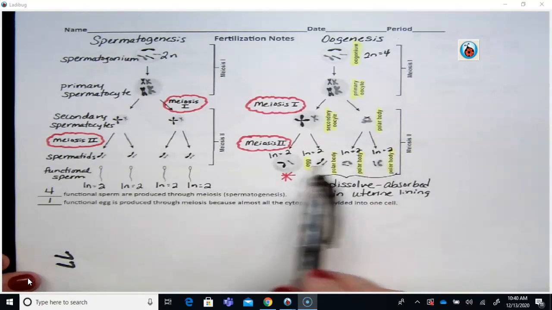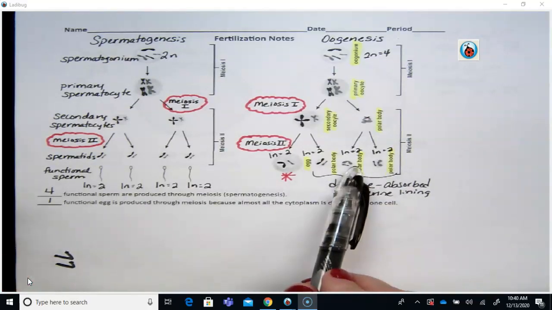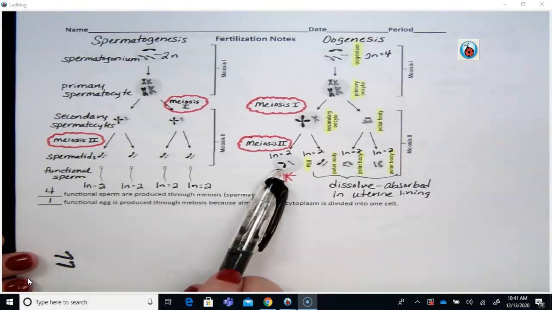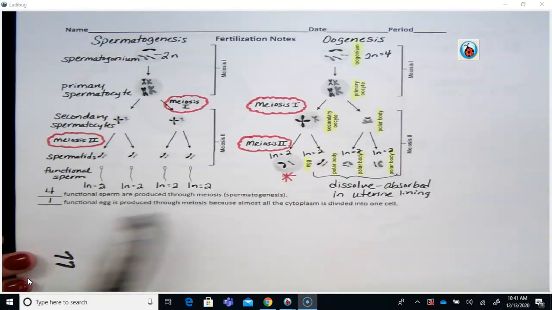So it would be wasteful to spend the energy to try to keep these cells living. So only 1 functional egg is produced per month. So again, down here, 4 functional sperm are produced through meiosis. Again, that's spermatogenesis. And 1 functional egg is produced through meiosis because almost all the cytoplasm is divided into 1 cell, and we get the production of these polar bodies.